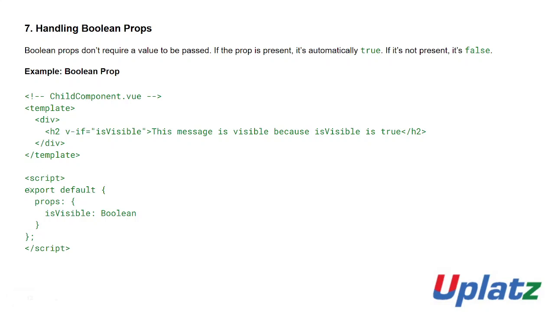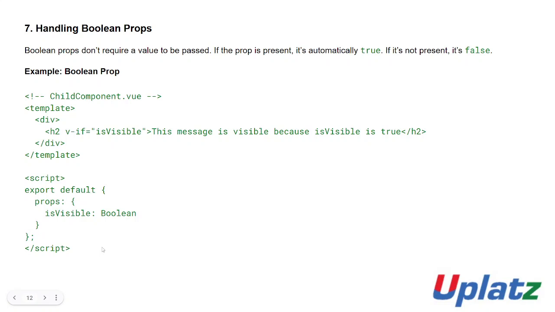Now script: export default, then the object, then the props property, which is of object type. isVisible is Boolean. All the curly braces are closed, and the script tag is also closed.